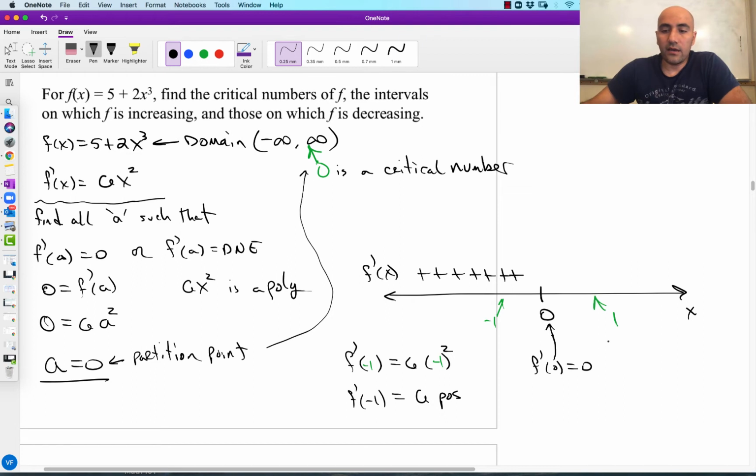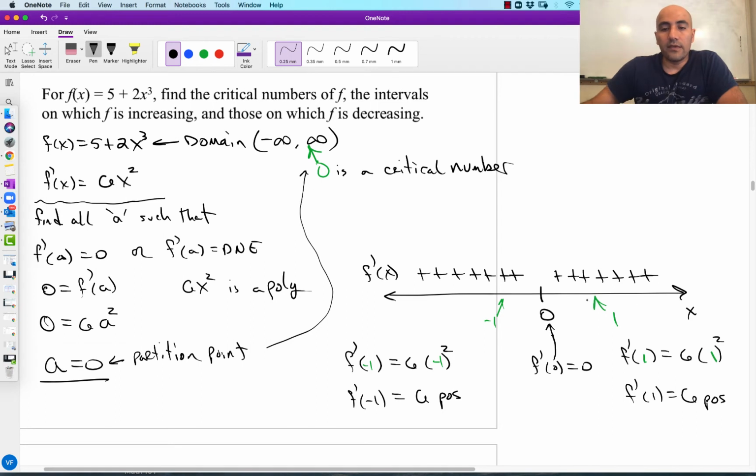Okay, let's take 1 as our case. f prime of x equals 6 times x squared. And if we put a 1 in here, we get 6 again. So f prime of 1 is also going to be 6, also positive. Right? So note that it doesn't always alternate positives, negatives, as I think we kind of get used to. That's a pretty common thing that happens, but not always.